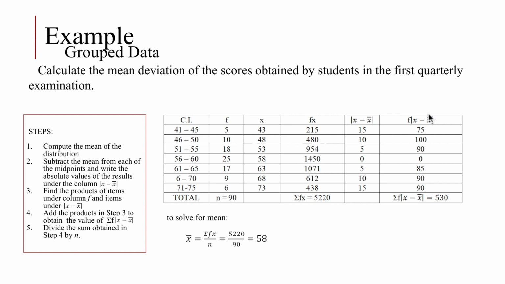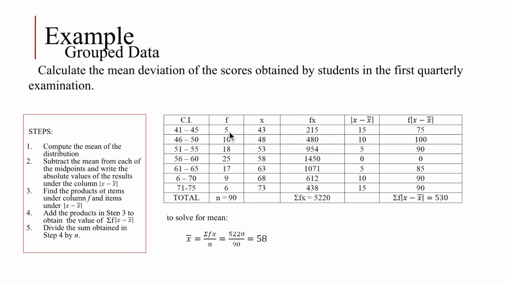Next to that, we will add another column, the f times the absolute value of x minus mean column. To do that, you will just multiply f to the absolute value of x minus mean column.